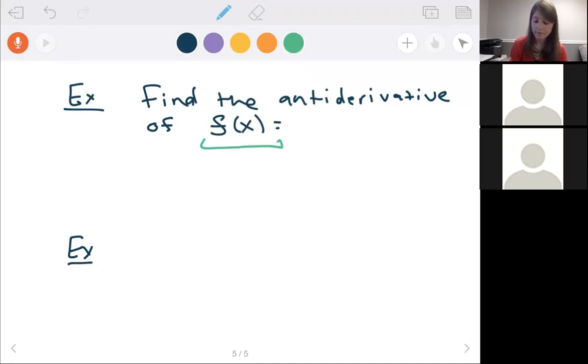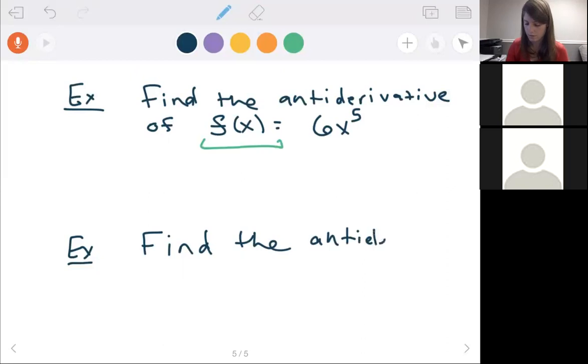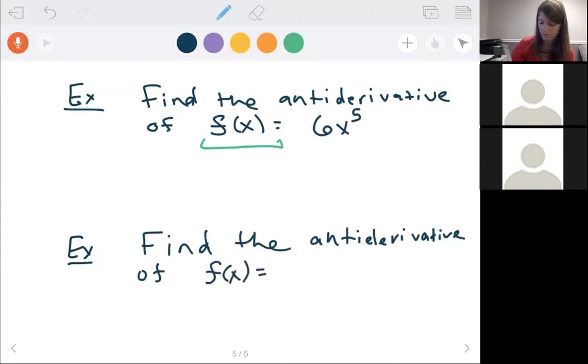In other words, think about find the antiderivative of 6 x to the fifth, and then I want us to find the antiderivative of f of x equals 2 e to the 2x. So take a minute and try both of those.